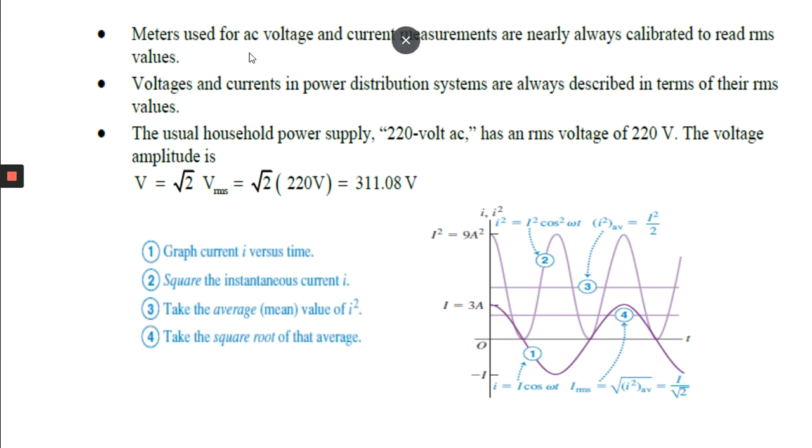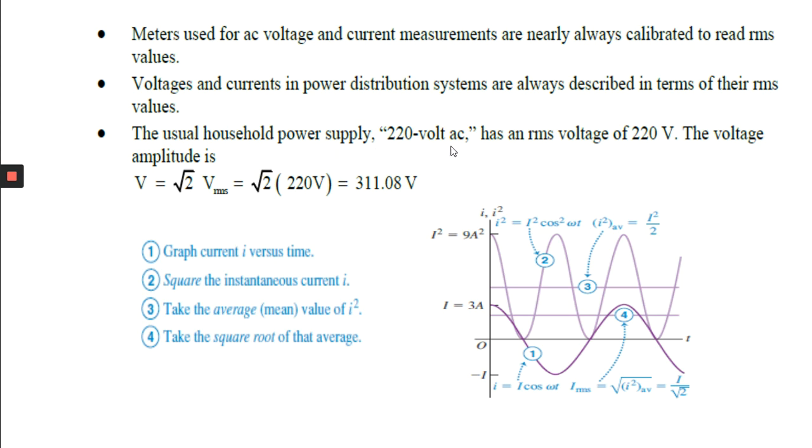But when your meters are used for AC voltage and current measurements, they are accordingly calibrated to read RMS values. Otherwise, what will happen? The current will increase, decrease. There is a fluctuation. It is very difficult to measure. So they are calibrated to read RMS values, root mean square values. So voltages and currents in power distribution systems are always described in terms of their RMS values.